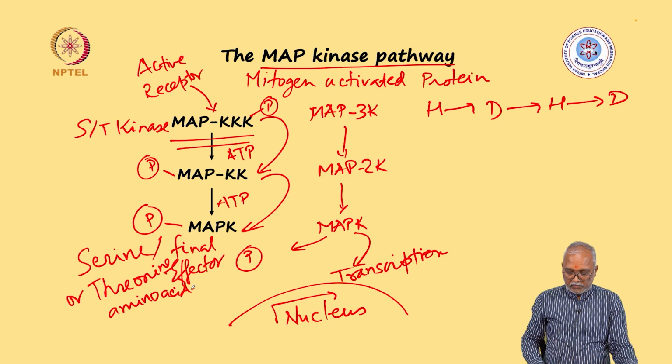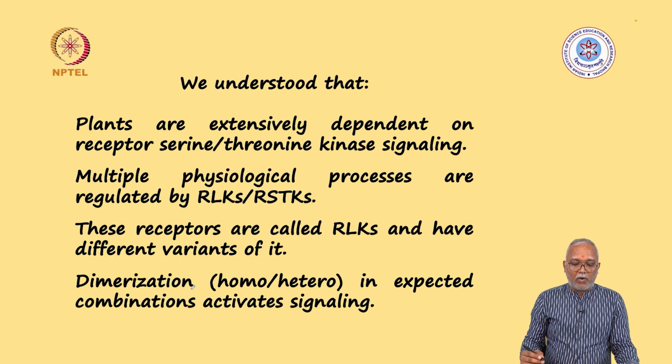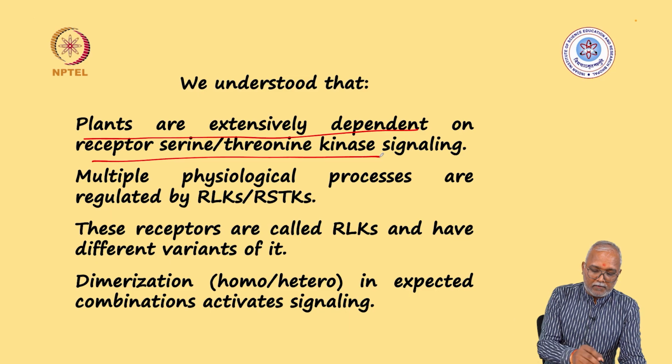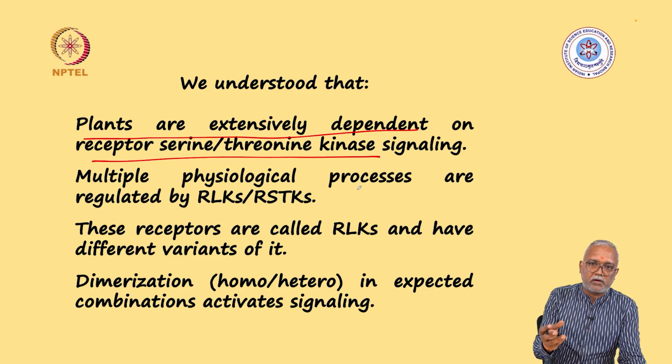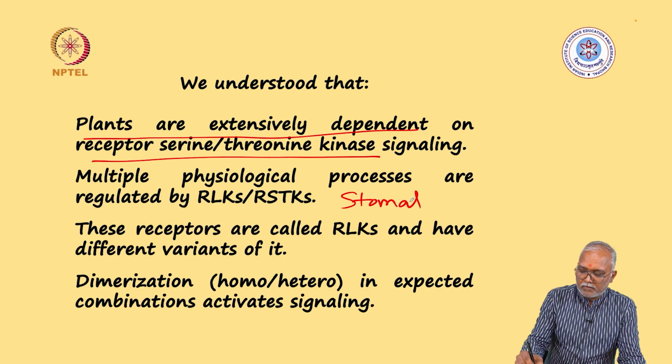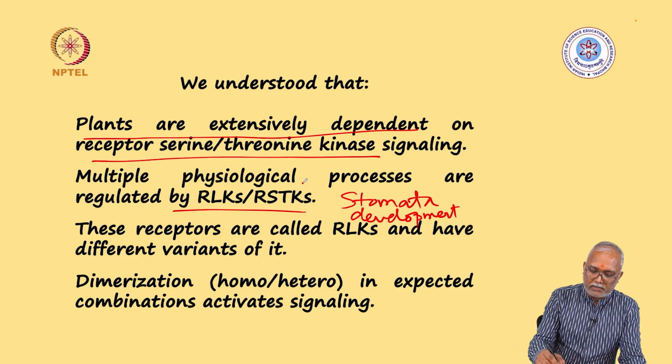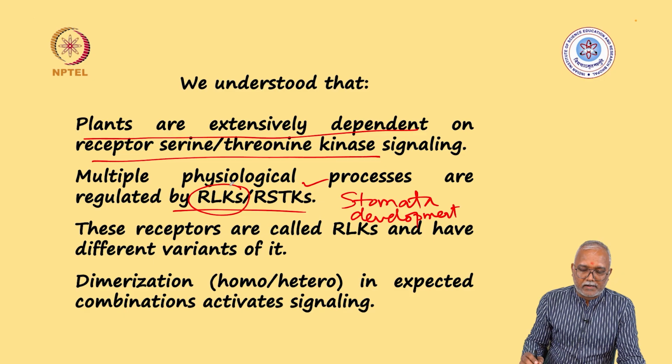And this is how the signaling is mediated in the plant system. So what we understood in today's class is that plants are extensively dependent on receptor serine-threonine kinase signaling. Multiple physiological processes, such as root development, shoot development, plant growth, meristem, leaf development, and even stomata development, are all mediated by these molecules in the class of receptor serine-threonine kinases, fondly called receptor-like kinases in plants.